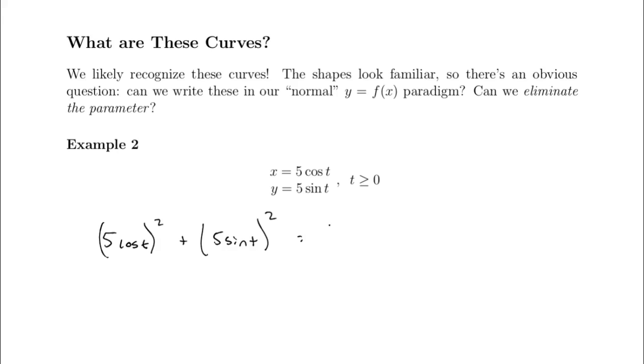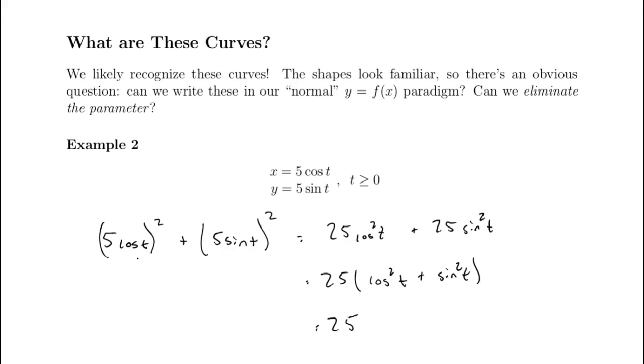Well, that's 25 cosine squared t plus 25 sine squared t, which we could factor out of 25, and that's suddenly cosine squared t plus sine squared t, which is just 1 by the Pythagorean theorem.